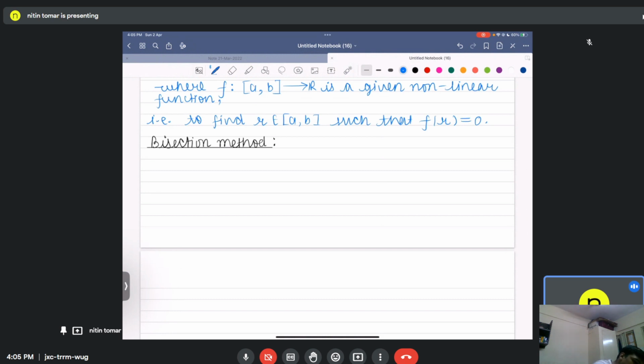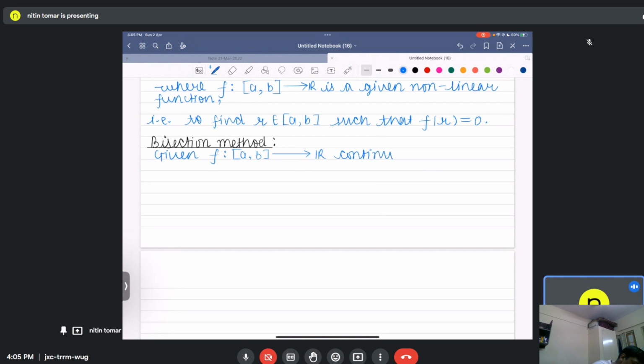So how do we do it? If you are given an interval, and given f from [a, b] to R a continuous function, we look into the continuous function.